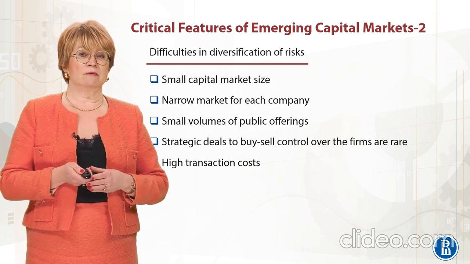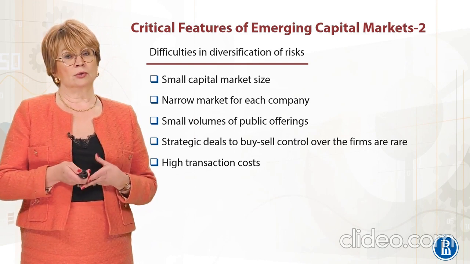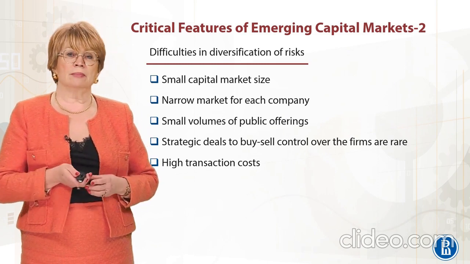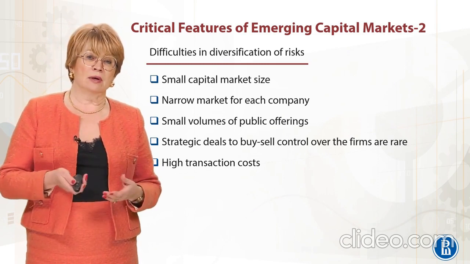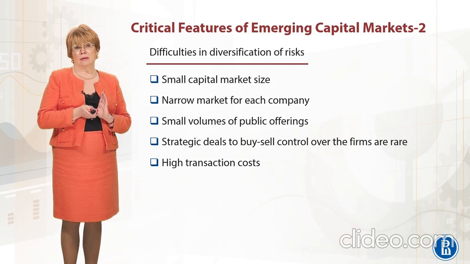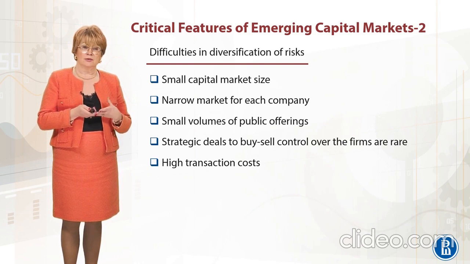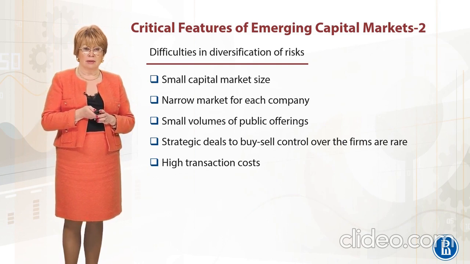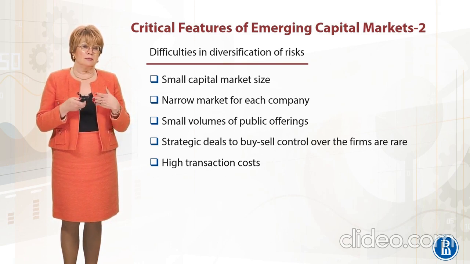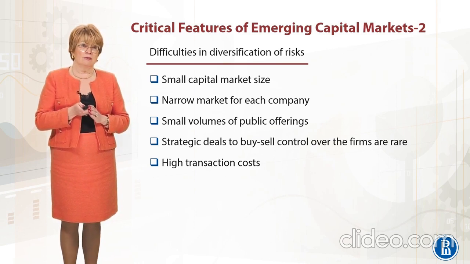The difficulties in diversification of risk may be due to the small capital market size. Not many stocks are represented. The market could also be narrow for each company. Not many shares are outstanding, circulating in the market. There are no big volumes of public offerings, initial public offerings, seasoned or secondary public offerings. Strategic deals in the market to buy and sell even a control package of stock and market control over companies are not very regular.